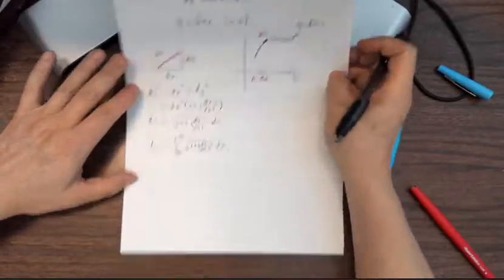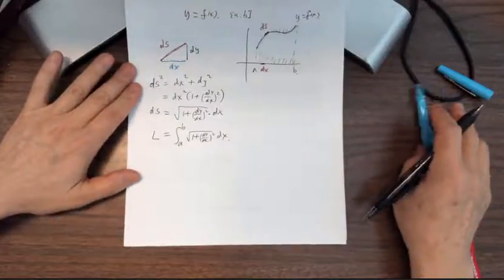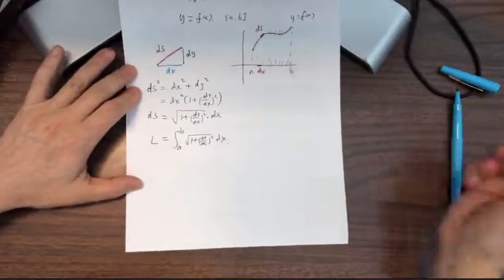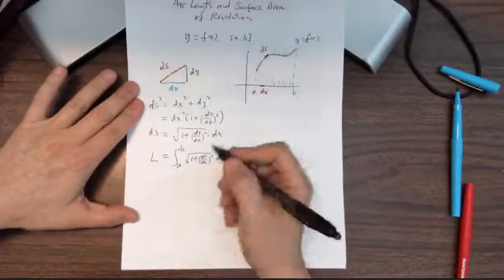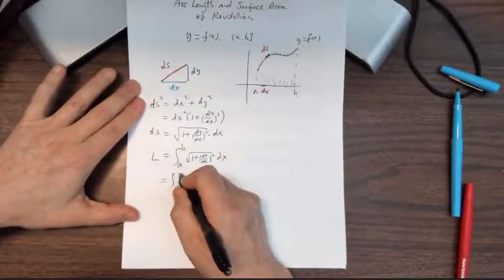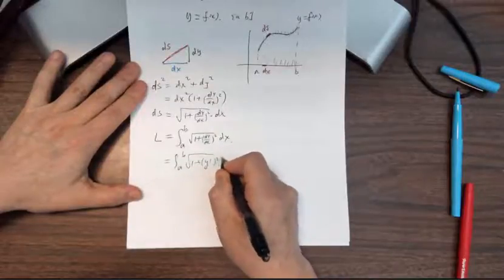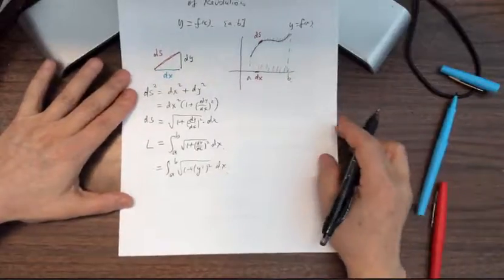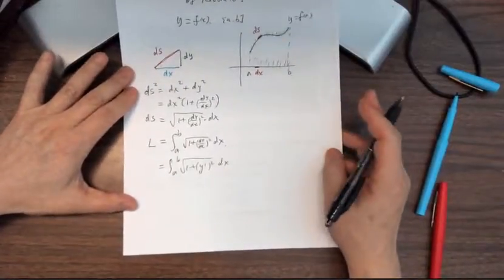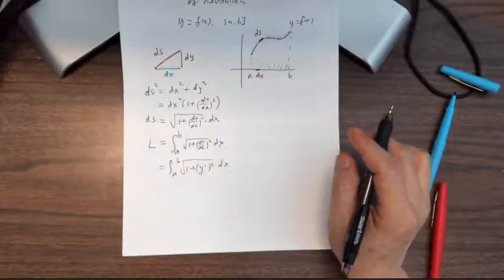Well, here again, we end up with basically a definite integral. Let's see. We can simply denote this as the square root of 1 plus y prime squared dx. Well, this is how we would evaluate arc length.